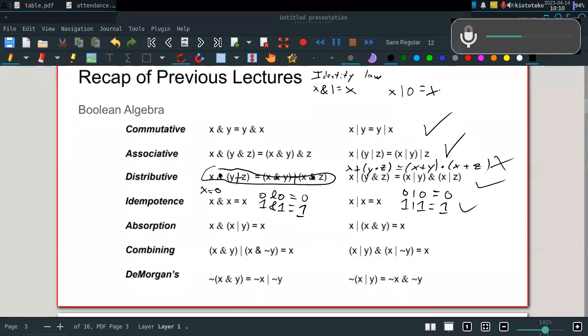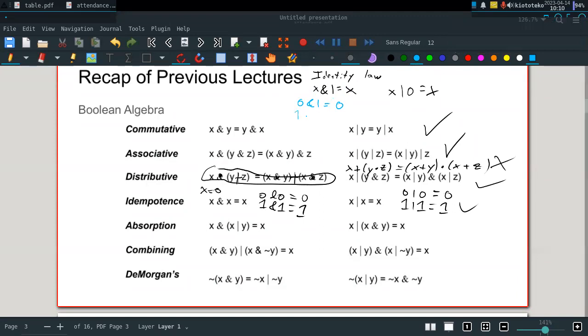Does this make sense? Again, let's see. What happens if, for example, in this case, X is equal to 0? 0 and 1, what is this? 0. Because X is 0, it follows that this is 0, no?